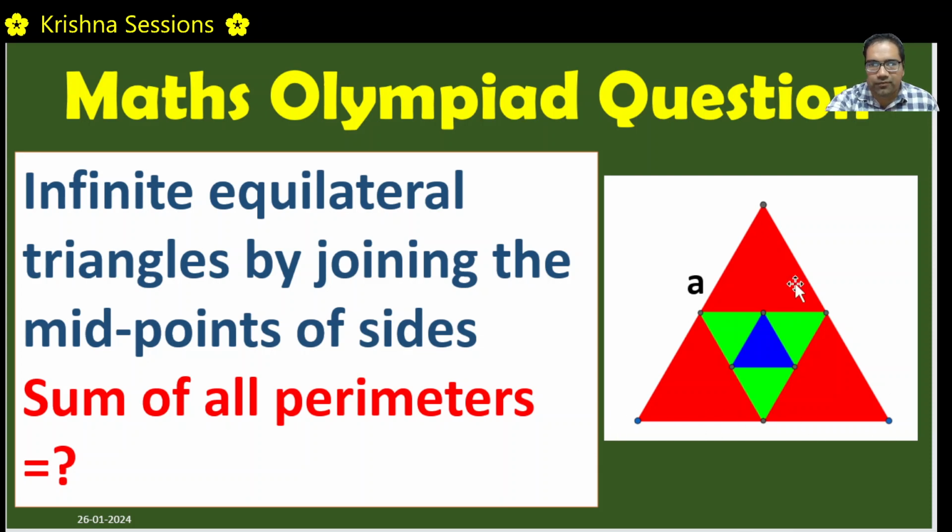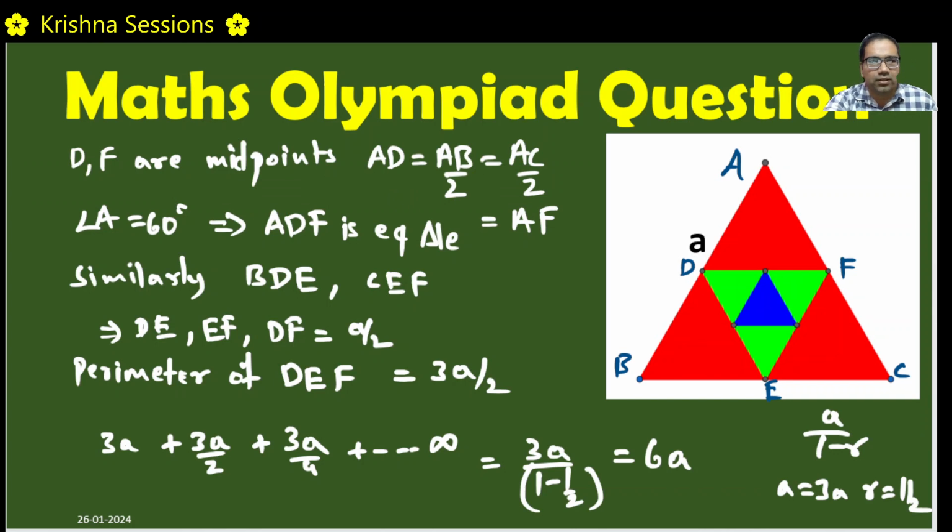We know the perimeter of the first triangle is 3A. Now we have to find out the perimeter of the ones which are inside this. Okay, let us do this. It is given that midpoints are being joined. D, E, F are midpoints of AB, BC, and AC.